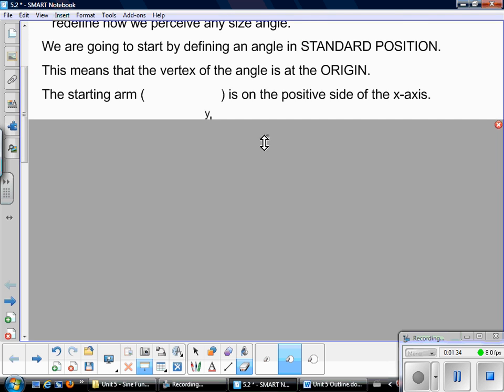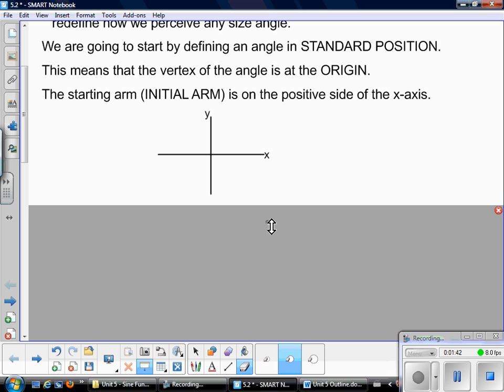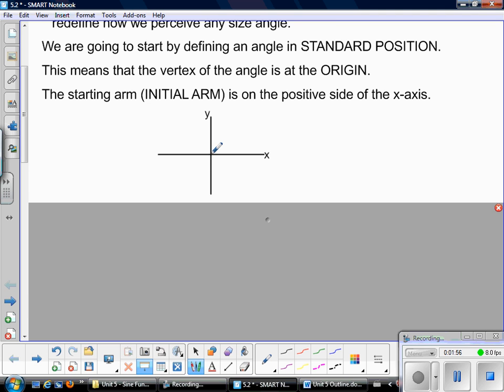So first of all, the starting arm, which we call the initial arm, is on the positive side of the x-axis. So here I have a little grid, the axes, the x and the y. So what it's saying is that the vertex of the angle has to start at the origin. So it has to start at 0, 0, and the initial arm has to start here.